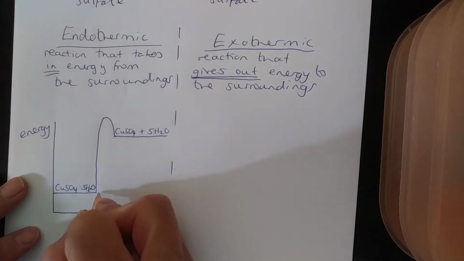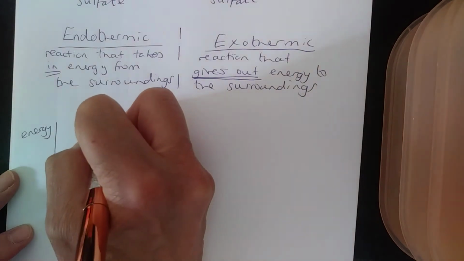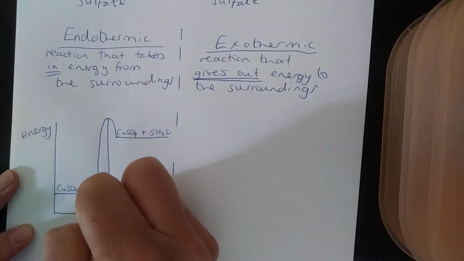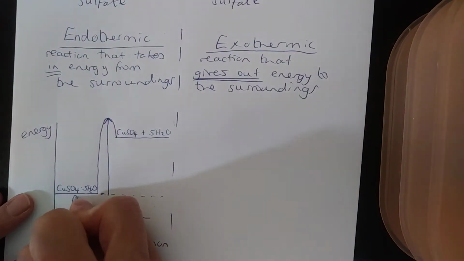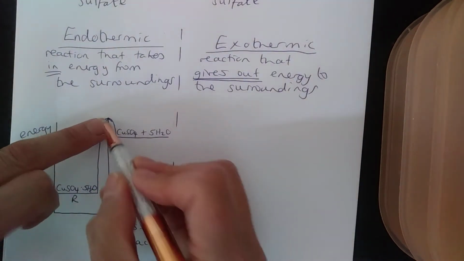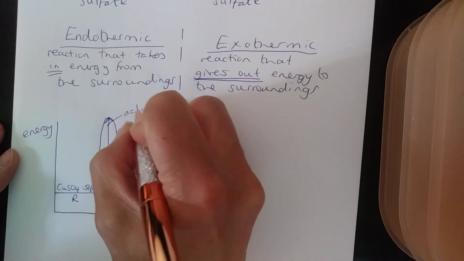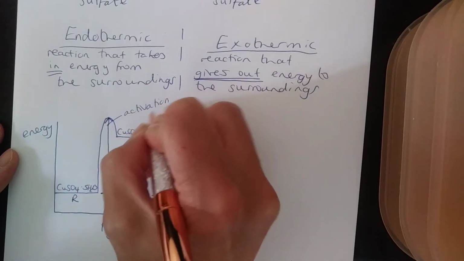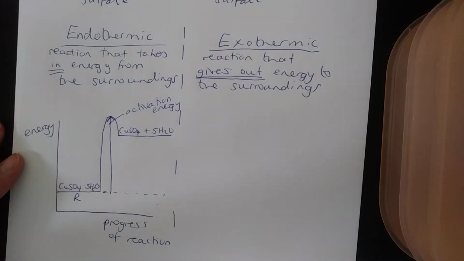So if we start drawing arrows into that, we can draw a straight arrow from the energy of the reactants to the peak of the curve here. So that there is our activation energy. That's the minimum energy required for the reaction to start.